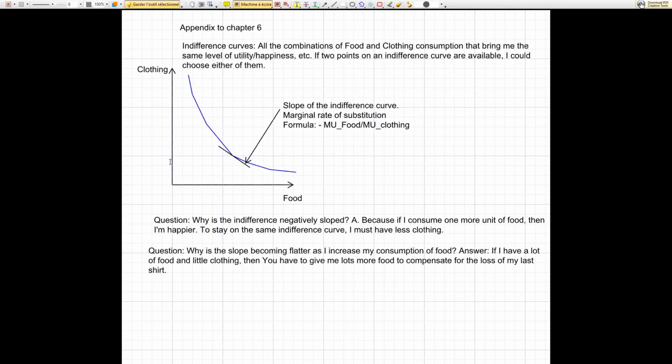If you ask me to remove the t-shirt when I'm only wearing a t-shirt and trousers, you have to compensate me with lots and lots of food, because at some point I don't care about food anymore. Concretely, what that means is marginal utility in the formula.